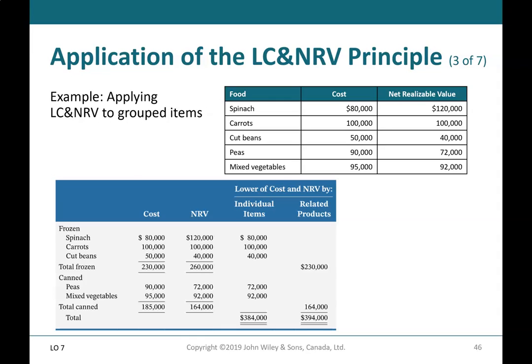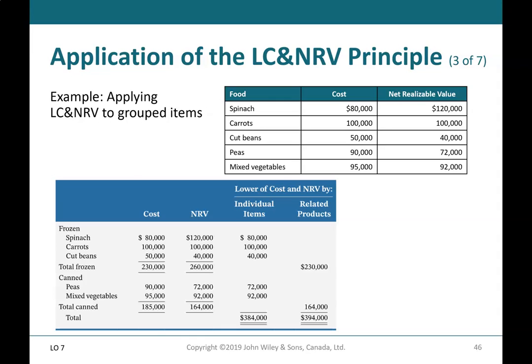So now we have our cost of total frozen and total canned, the amount of individual items, and the amount of related products. So our individual items are 384,000 and our related products are 394,000.